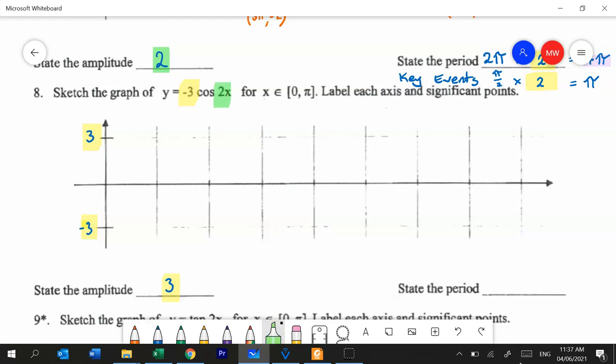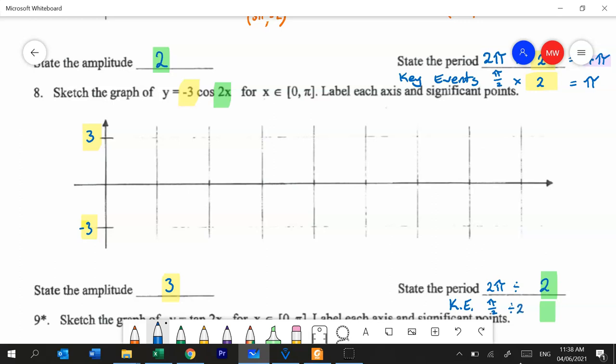And then we've also got this piece of information here. It says 2 times. So this time we'll divide by 2, remembering that a normal period occurs over 2 pi. So we're going to divide that by 2. And then a normal key event, which I'm just going to put as a key event there, is pi divided by 2, and we're going to divide that by 2 as well.